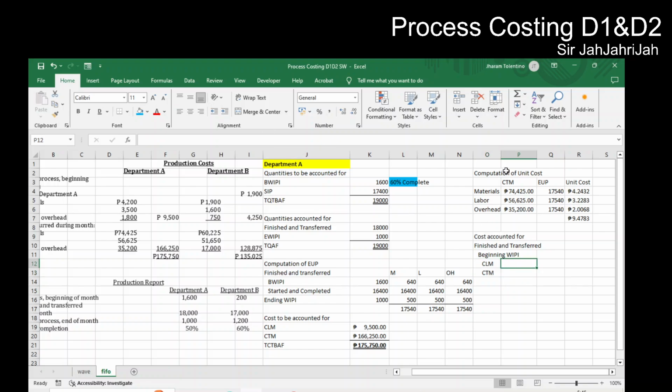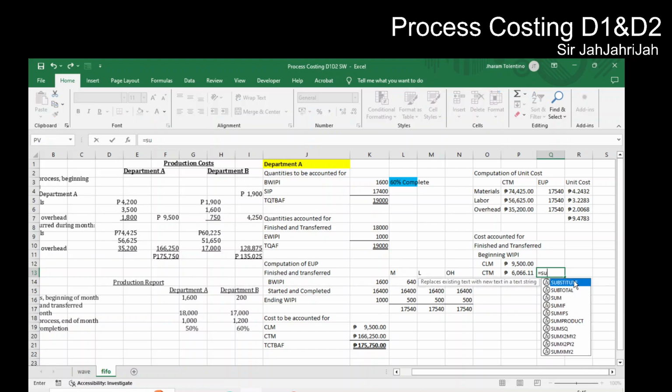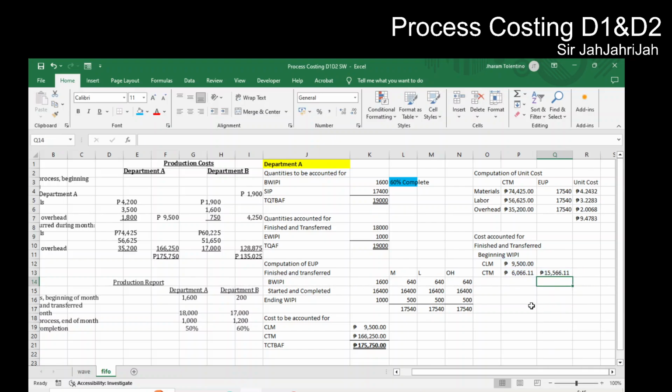We have cost last month of 9,500, and then we have cost this month of 640 times 9.4783. Make it in a peso sign. So the total cost of the beginning work in process inventory is 15,566.11.